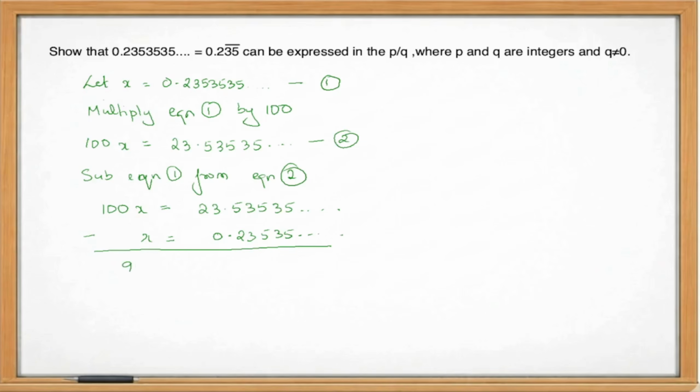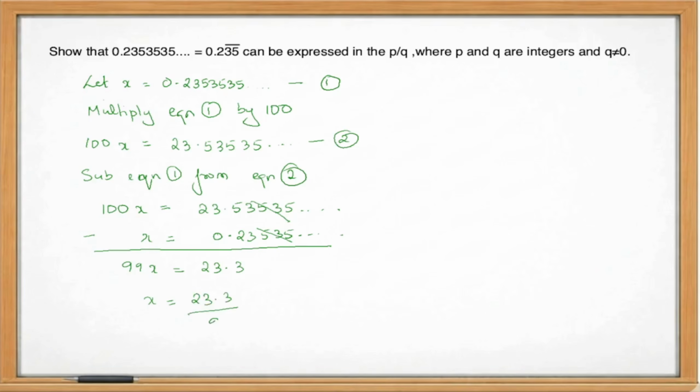This will become 99x equal to 23.5 minus 0.2 is 23.3. Then this part you can see these all are similar, that will get cut off, or 0, 0.